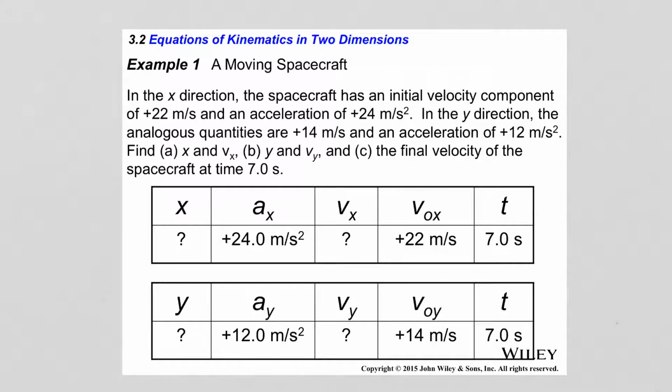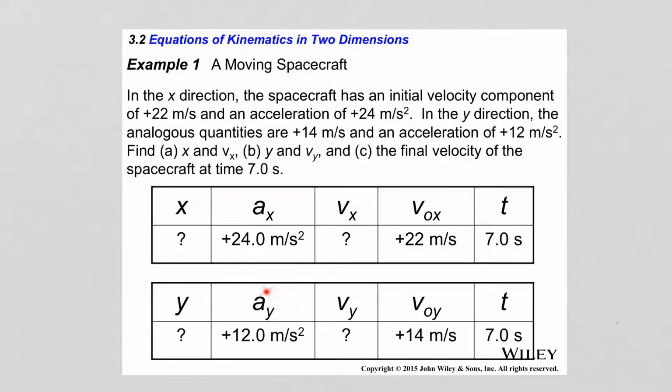And so as you can see, for the x direction, we have the horizontal displacement, acceleration in x direction, final velocity in x direction, initial velocity in x direction, and time of travel. And so for the x direction, I know the horizontal acceleration and the initial horizontal velocity and the time of travel. The same I can do for the vertical portion of the motion. So I have the vertical displacement, which I'm looking for.